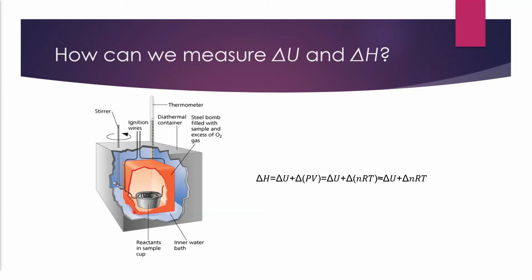All that we need to do is consider the change in the number of moles of gas, as changing the moles of gas will change the pressure, and that's going to account for this delta PV here. So this is how we'll convert from the internal energy change that we measure, because we're measuring heat at constant volume, into a change in enthalpy that we can then report and use maybe to figure out enthalpies of formation.